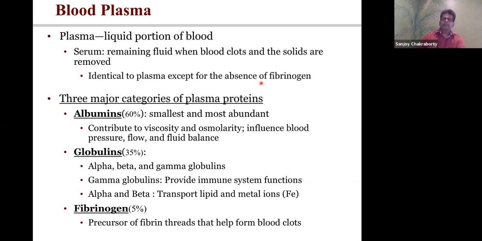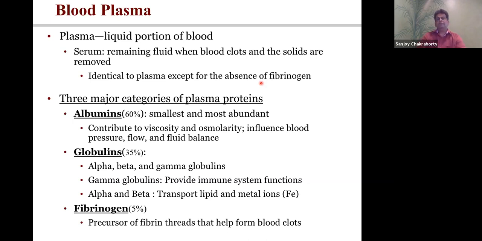They are the antibodies that actually work against the antigen, so they help defend your body. Okay, detailed structure about gamma globulins, how they are produced, how they work, we're going to learn in the immune system. Right here, we just need to know that gamma globulins are one of the globulins that provide defense for your body. And alpha and beta, they transport.